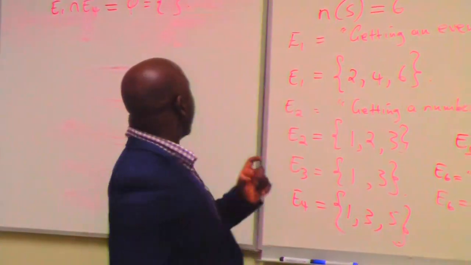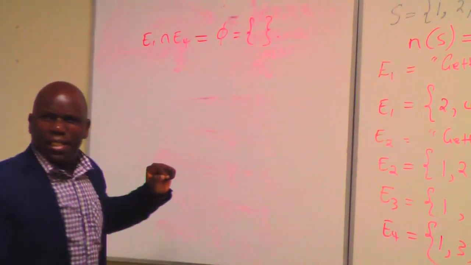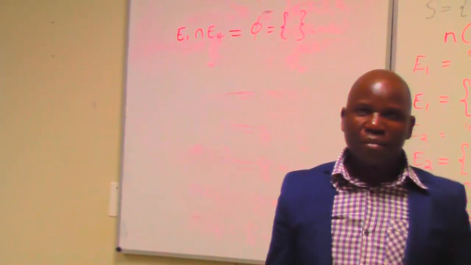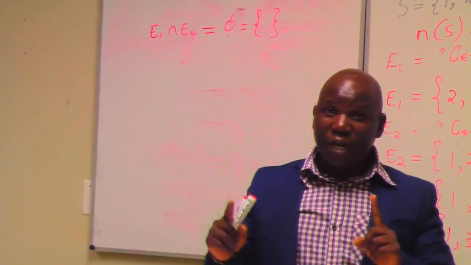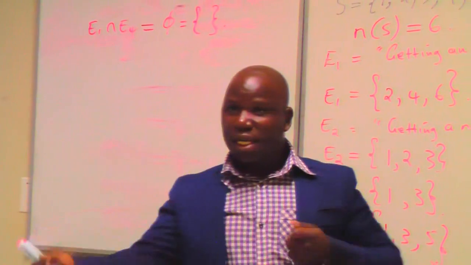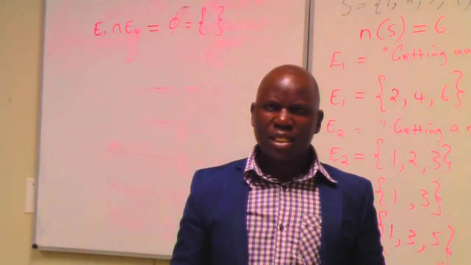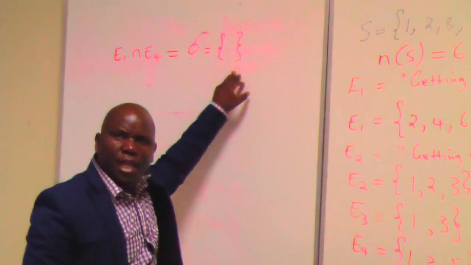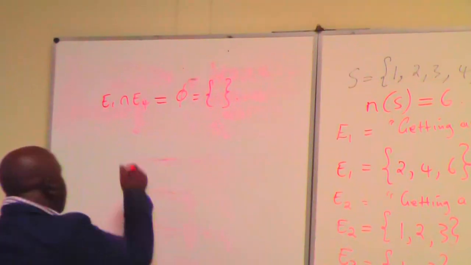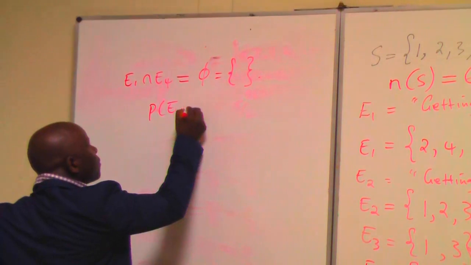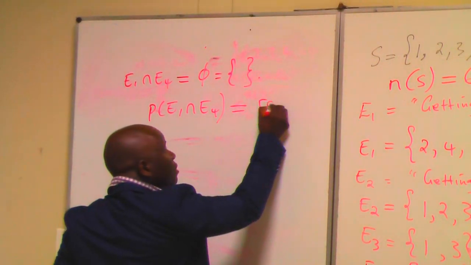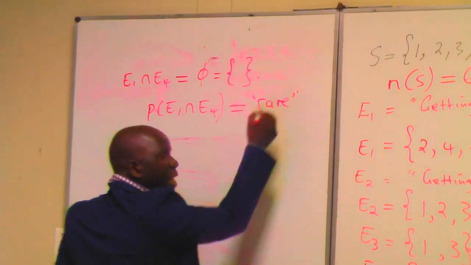Remember the meaning of AND. AND means the two events must occur at the same time. Getting an even number and getting an odd number must occur at the same time, so it's not possible. It's a rare event. So the probability of E1 intersection E4 is rare, an impossible event.